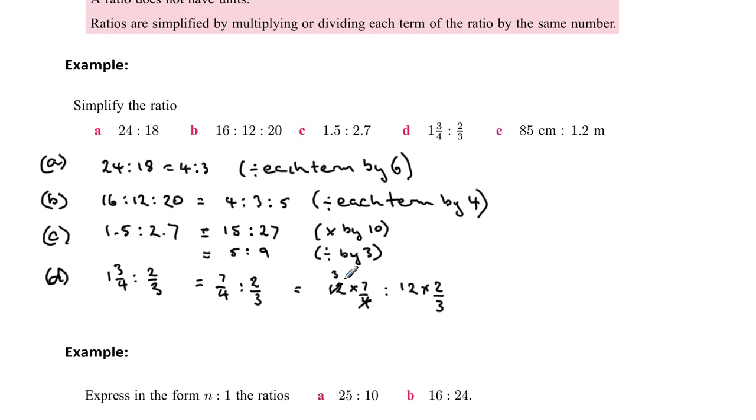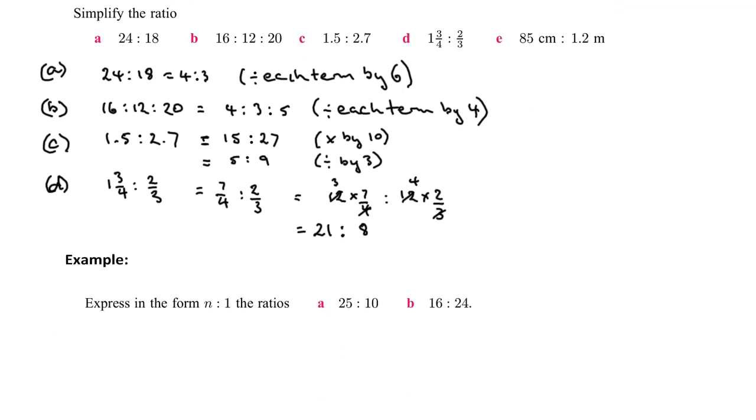That gives you 3, and 3 times 7 is 21. And 3 goes into 12 4 times, and 4 times 2 is 8, 21 to 8. So you're actually multiplying by 12 just to get rid of those fractions, and that works every time as well.